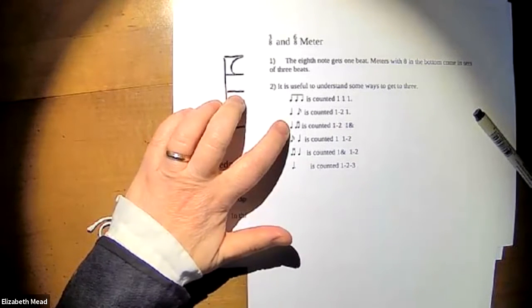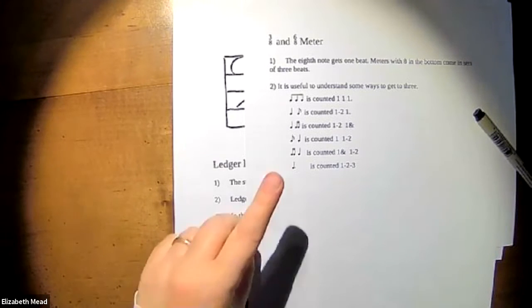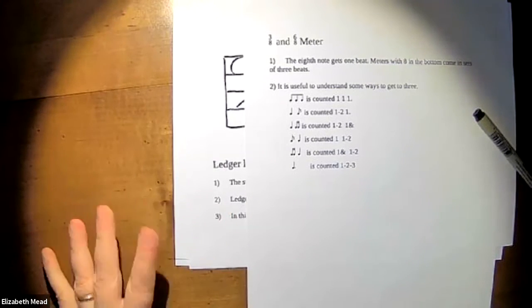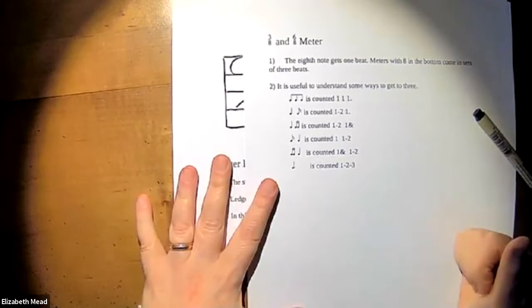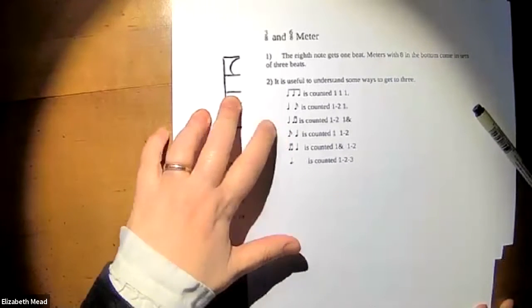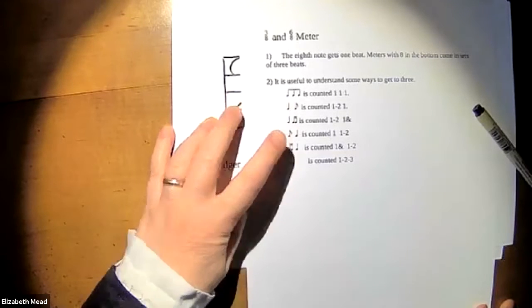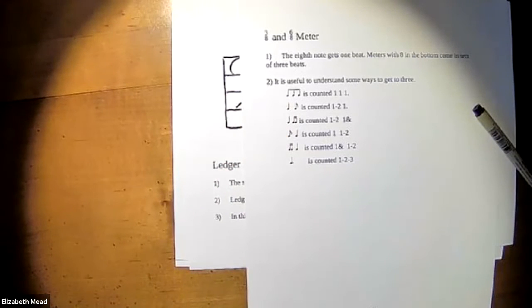This one is getting kind of fancy. 1, 2, 1, and 1, 2, 1, and 1, 2, 1, and. A lot of medieval music is in 3/8 and 6/8, which is why I wanted to get into it. We'll have an example in a moment of a song that does this. Notice that I could have the long note first and the short note, but I could also have the short note first. 1, 1, 2, 1, 1, 2, 1, 1, 2.